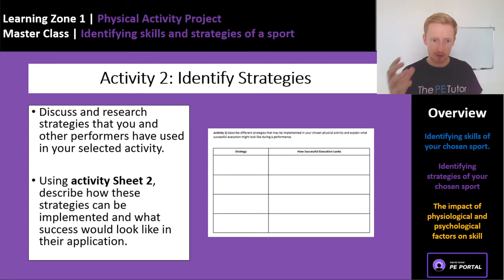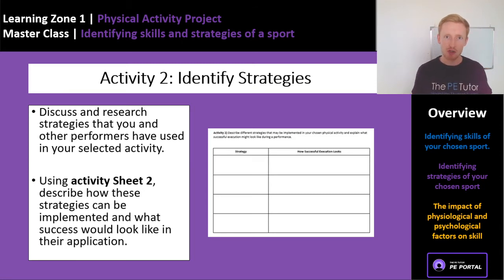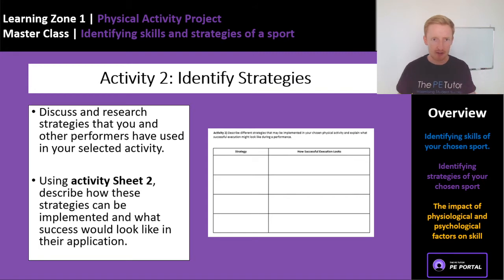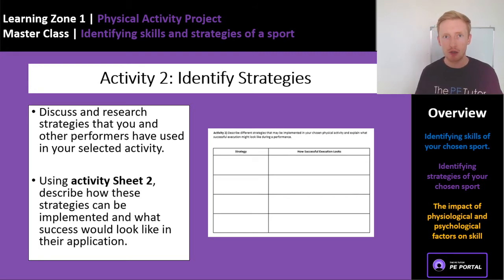And then when you do think of them, jot them down or briefly describe them in the left-hand column underneath the strategy. And on the right-hand side, again, using those quality descriptors, that grading language, what would good execution look like? So with zone defense, from that example just then, a good zone defense is good communication.